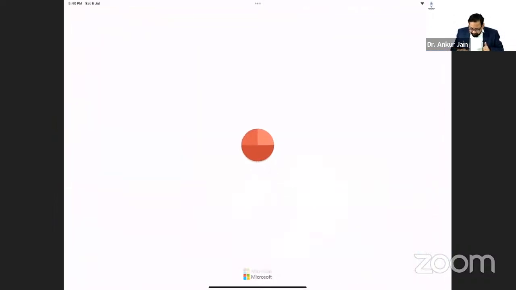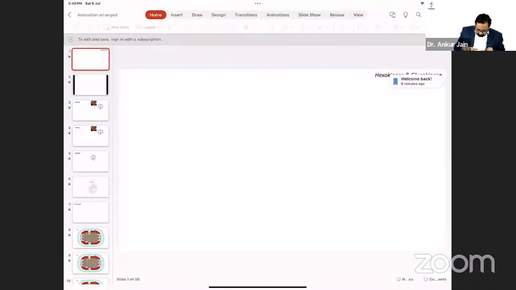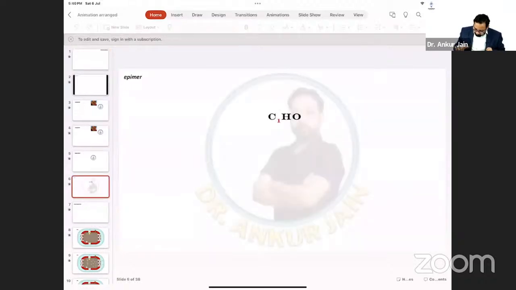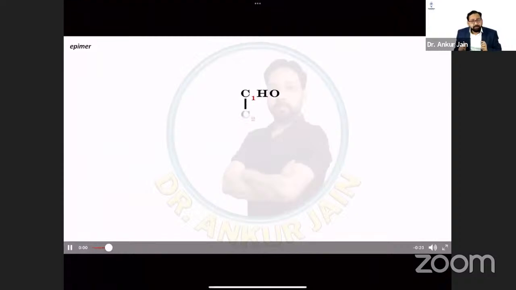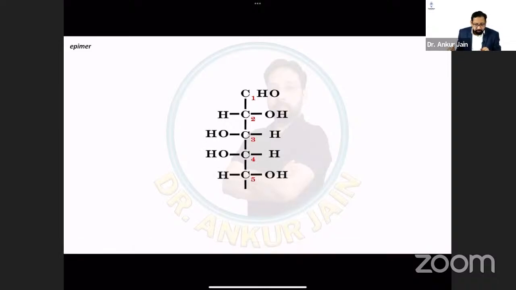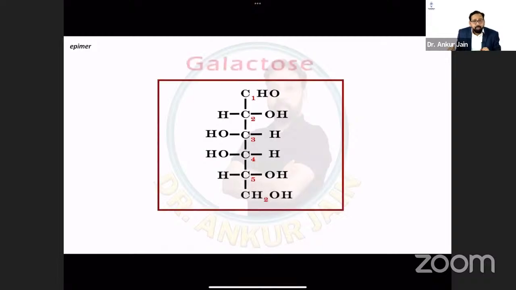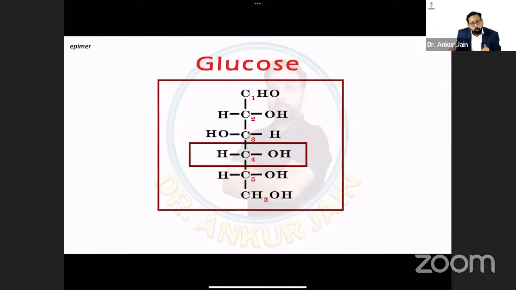Animation, if you want to see. This is the structure of galactose, C6H12O6. At carbon number 4, OH is on the left side. If I hold the OH of C4 and rotate it to the right, it would become glucose.